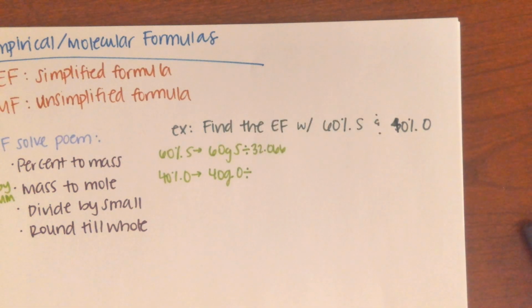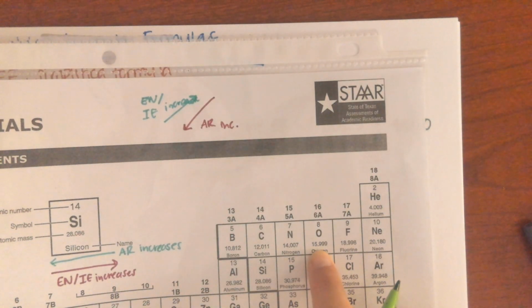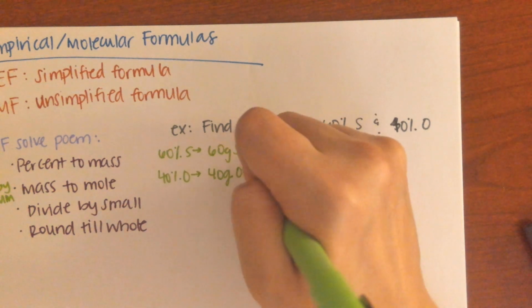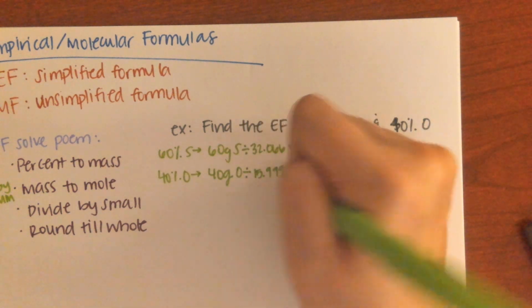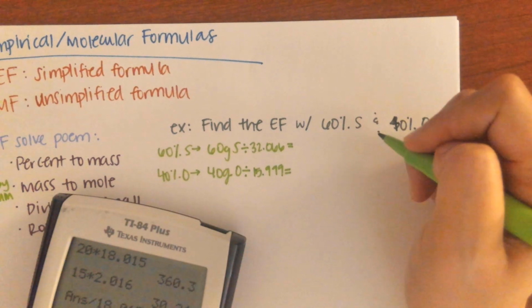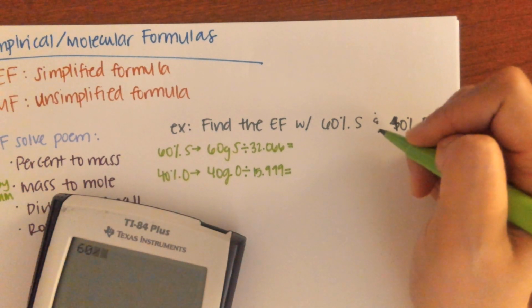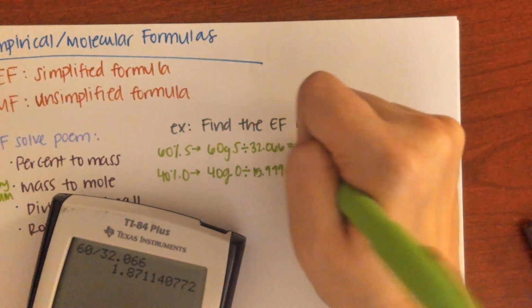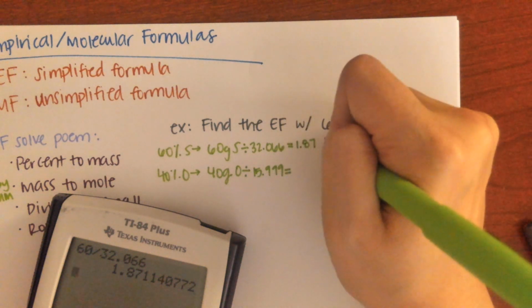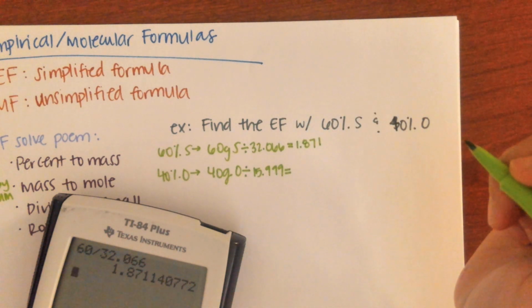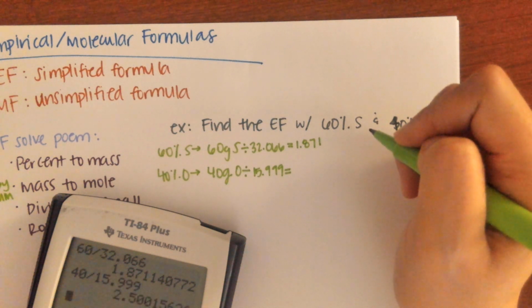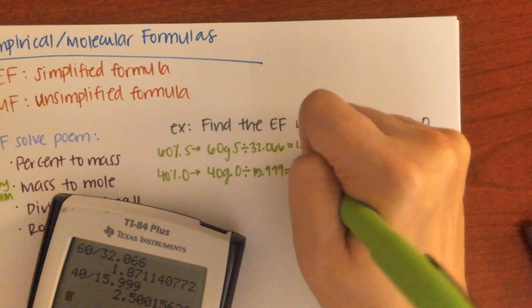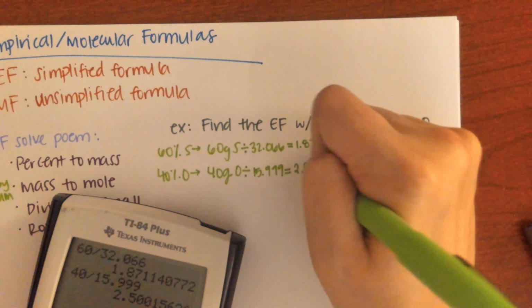Then oxygen, molar mass of oxygen, we all know it's 15.999. So let's get those numbers here. 60 divided by 32.066 is 1.871, round to 3 decimal places. 40 divided by 15.999 is 2.500.